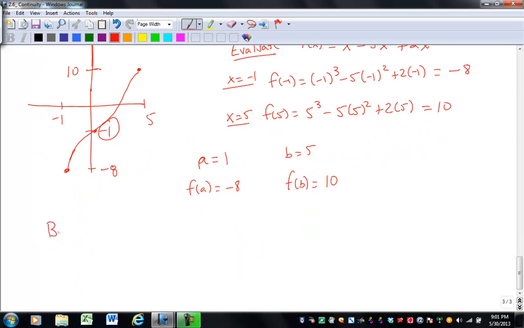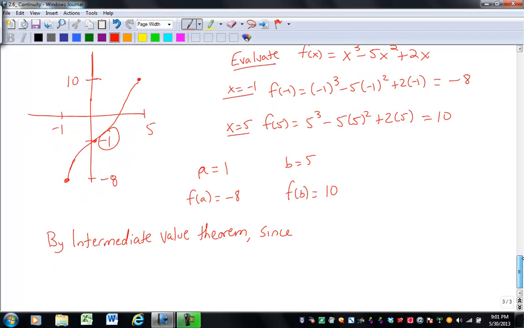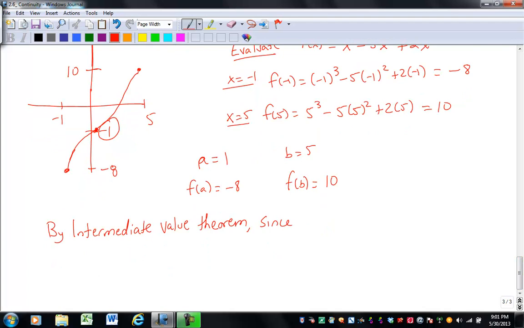So by the intermediate value theorem, since I want this function to be equal to negative 1, I know that it's going to be equal to negative 1 somewhere between these 2 points, because negative 1 lies between f of a and f of b, between negative 8 and 10.